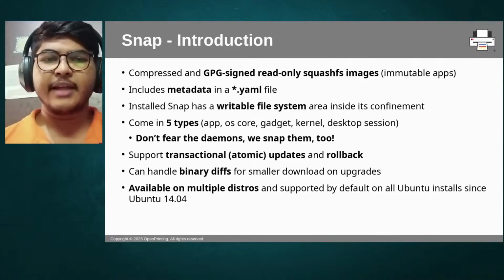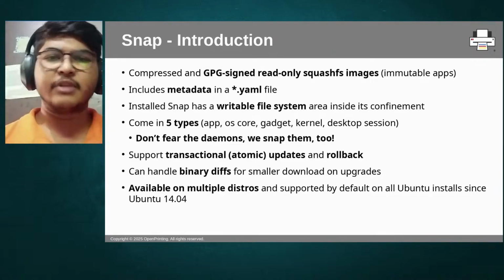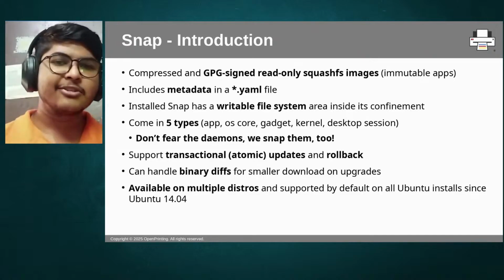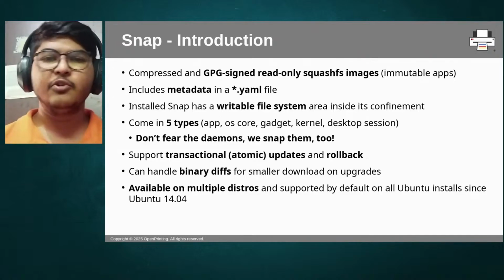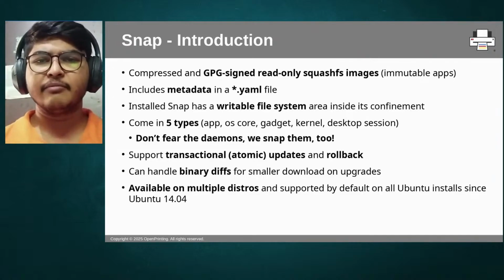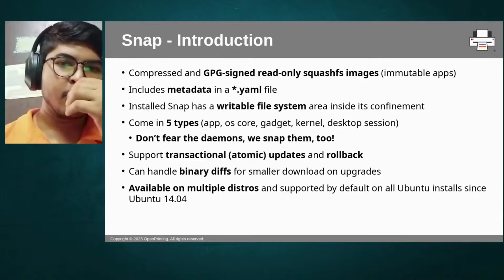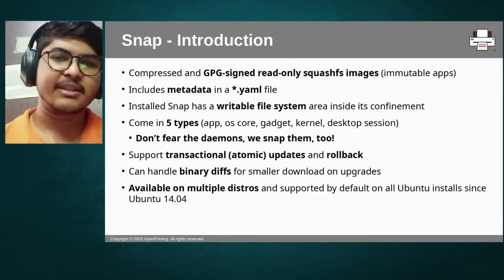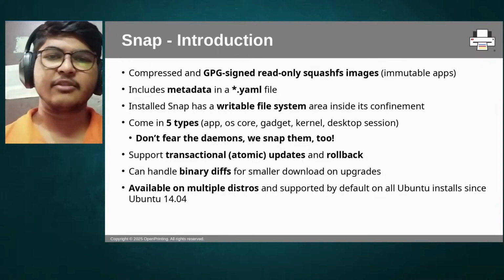When you download a snap, a .snap file, it gets downloaded to your system, and then you install it. It installs as a loopback file system within your current setup. So it never really extracts the file. The size of the snap is exactly the size it is when you download it. There is no extra size.